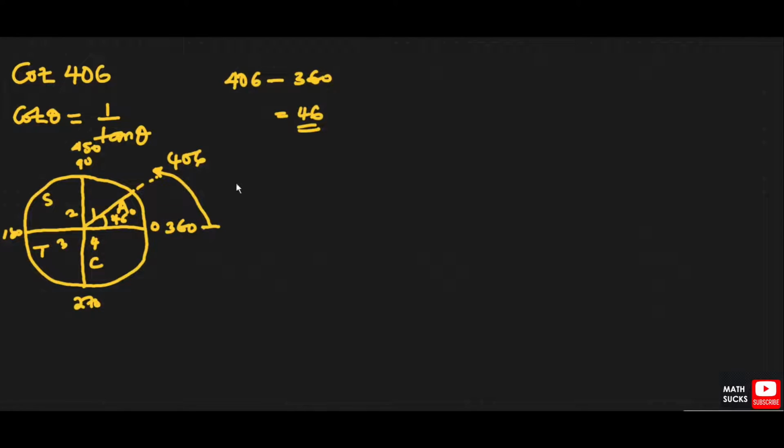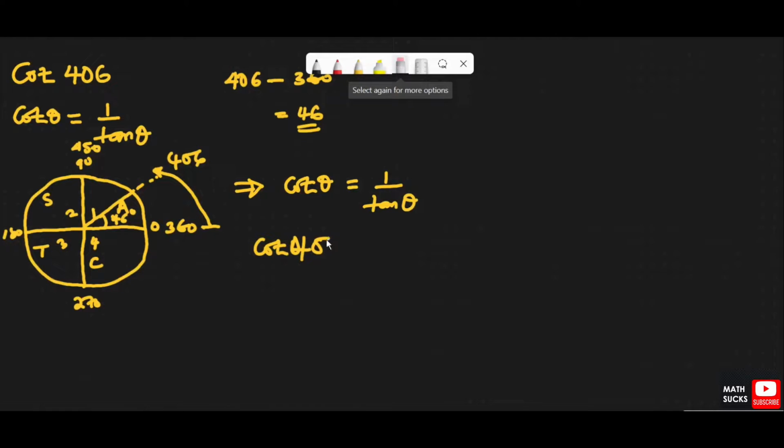So what does that mean? It simply means that cot of theta, which we have seen as 1 over tan of theta, so if we go back in terms of angles, cot of 406 is going to be equal to cot of the small angle.